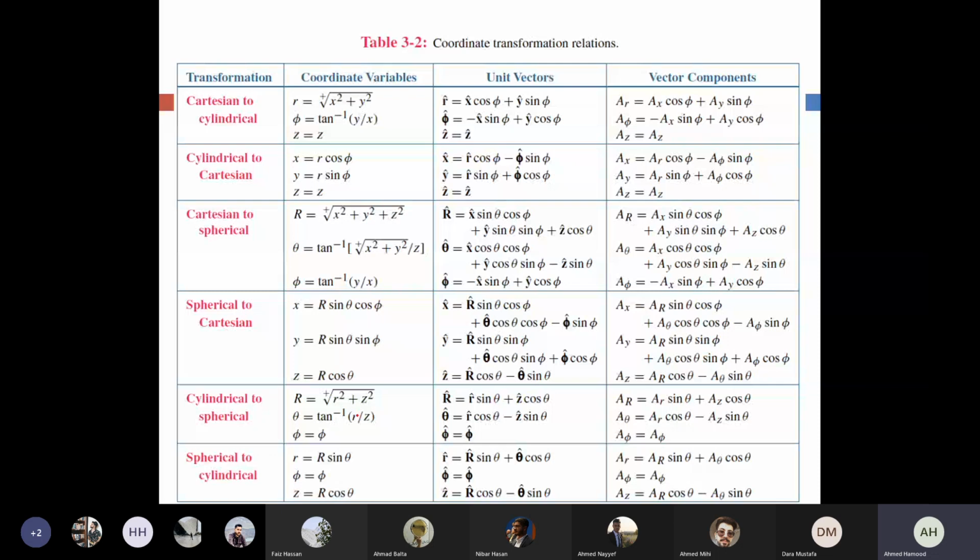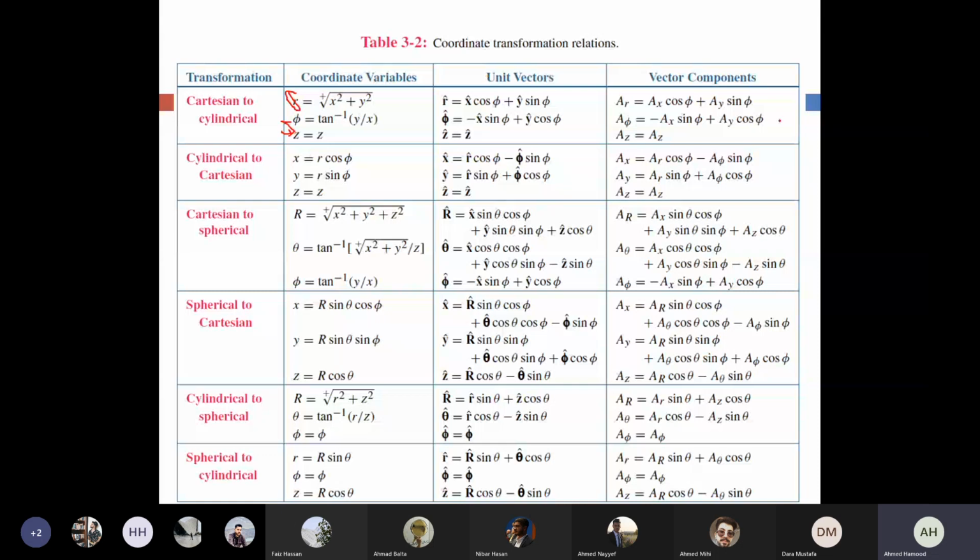transformations, okay? We have transformations from Cartesian to cylindrical. For cylindrical, the coordinate variables are r, phi, and z, and we have unit vectors and vector components.